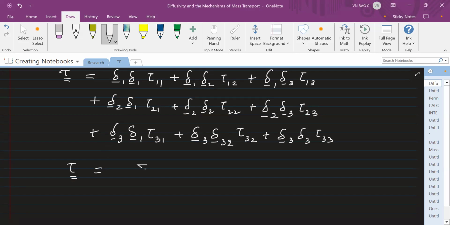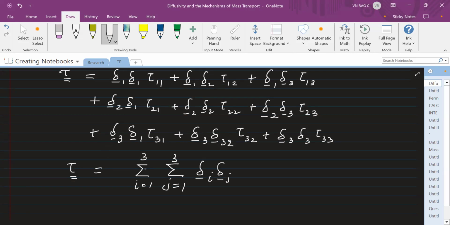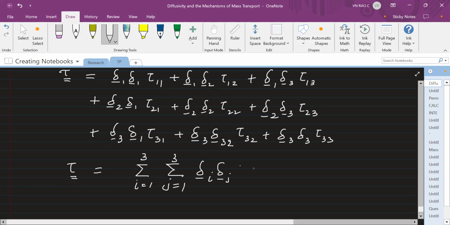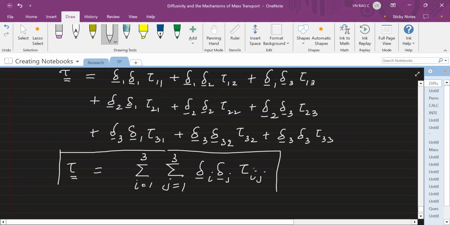So I write sigma i equal to 1 to 3 because we are referring to three directions, sigma j equal to 1 to 3, delta i delta j and the scalar quantity tau i j. So this is the total tensor we can write.